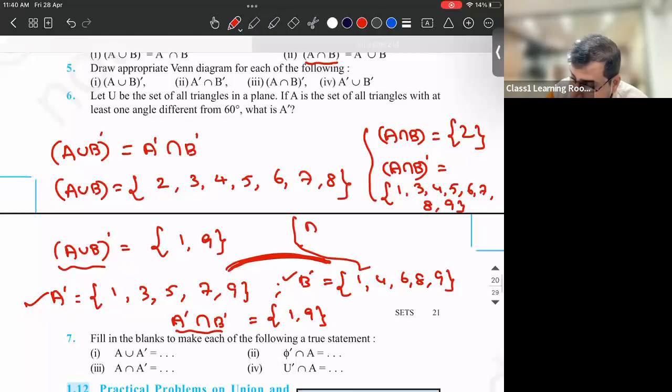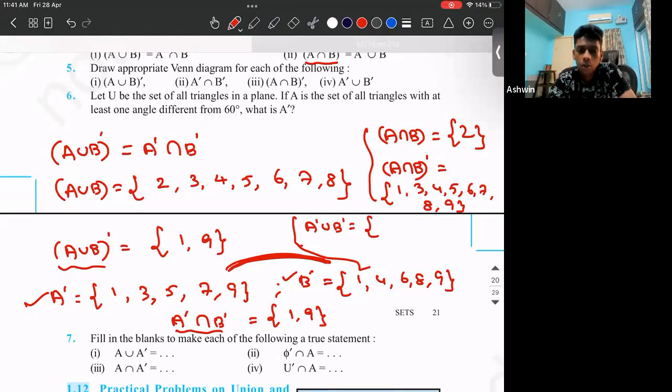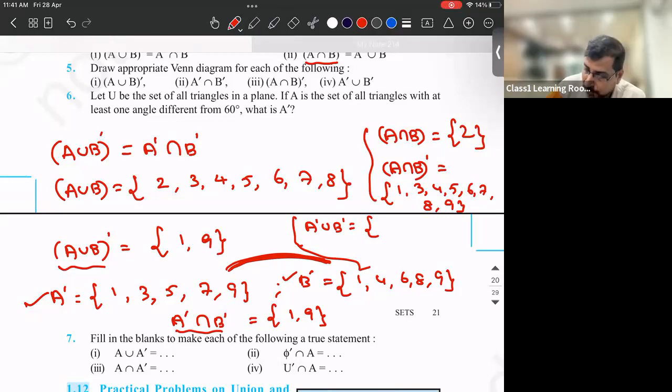What is A complement union B complement? Ashwin, only you are supposed to answer. Just look at the numbers. What is there in A complement and B complement?